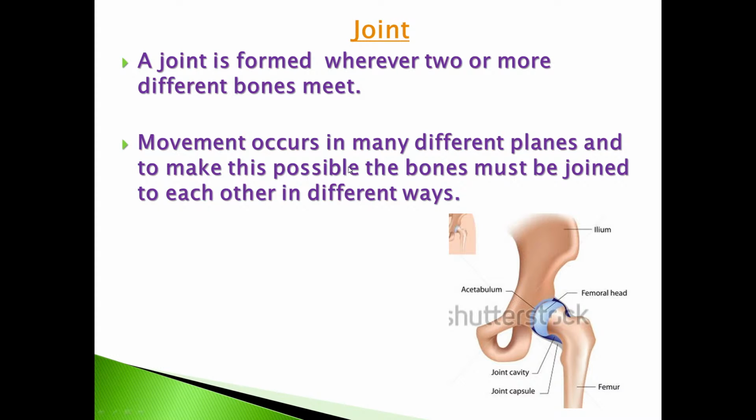Now, the second pointer is telling you that the fact that we have different joints means that they don't allow movement in the same direction. You will realize that the type of movement you get at the elbow joint is completely different from the type of movement you get at the shoulder joint. That is because those two joints are different in terms of type.